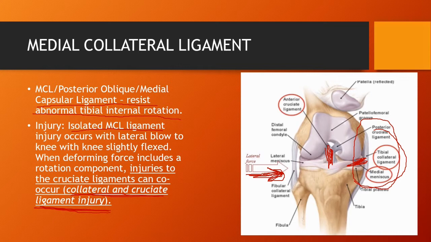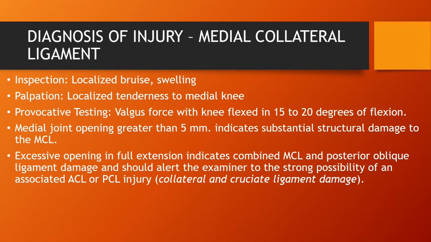Okay, so let's talk about the physical examination to assess for medial knee instabilities. The physical examination, of course, always begins with inspection. In the acute setting, you're going to find a localized bruise on the medial aspect of the knee with some swelling. In the chronic setting, there may be some swelling and some visible hardening of the tissues, both the skin and the subcutaneous tissues on the medial aspect of the knee.